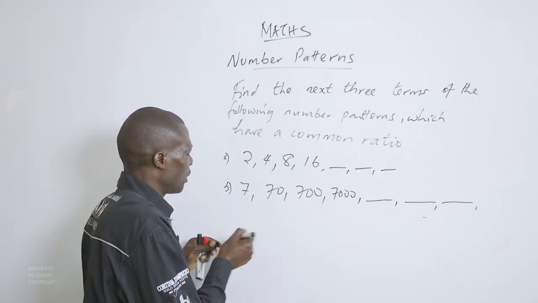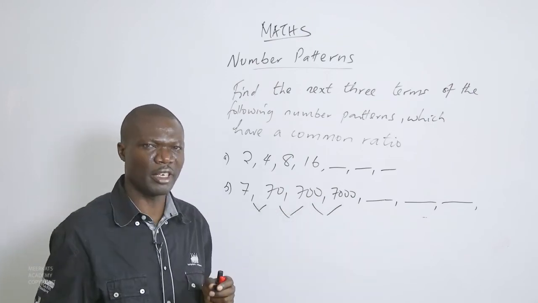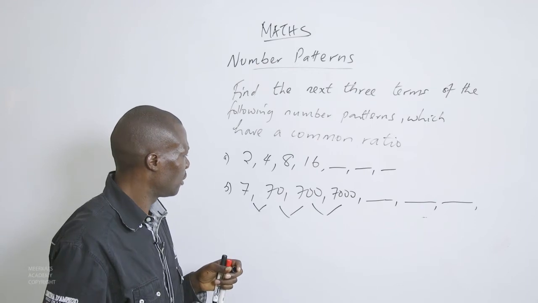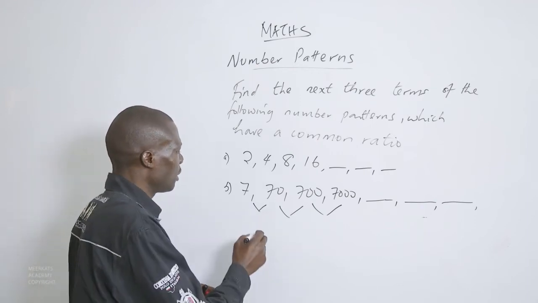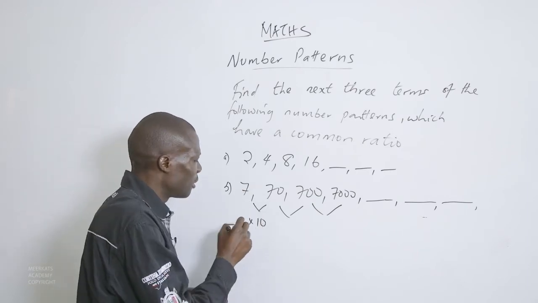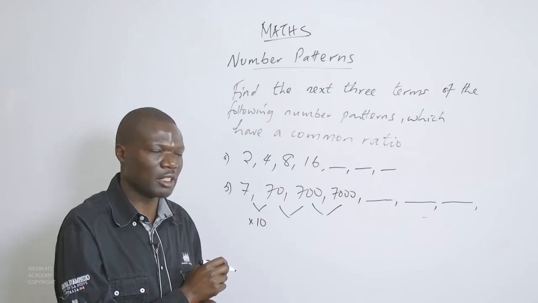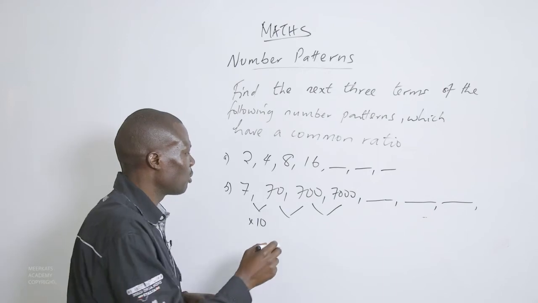Now, study the relationship. What do you identify? If you take 70 divided by 7, what do you get? You'll get 10. So 7 times 10 is 70. 700 divided by 70 is 10.